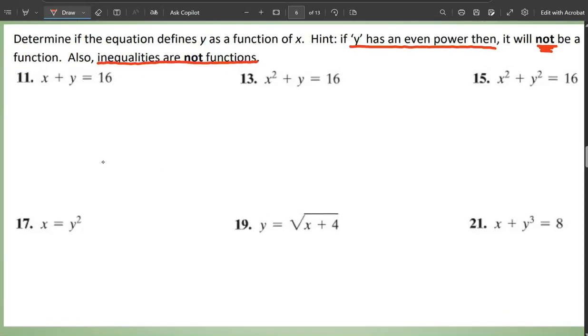So here y has an odd power, it's a function. X has a second power, but that's okay because remember it said if y has an even power. This one is a function. This one is actually a parabola. Looks something like that.